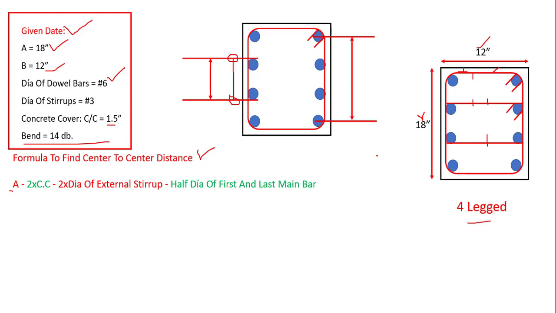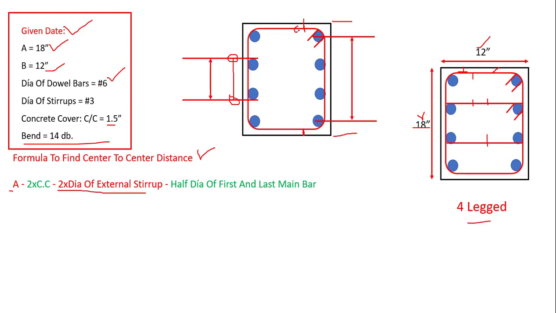It is A. You can see over here it is the total length of our column. A minus 2 into concrete cover. This is A, right from this position up till here. We need to deduct concrete cover from both ends in order to reach up till this level. Then we need to deduct 2 into dia of external stirrup.